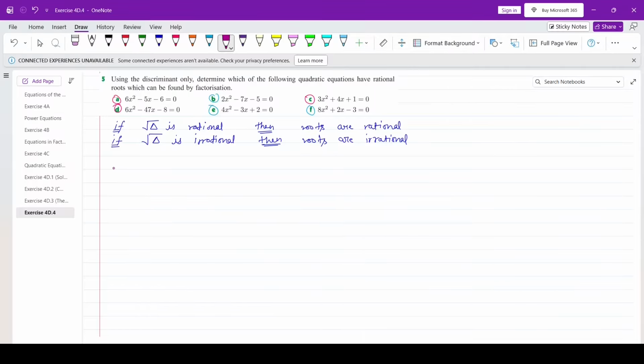So let's solve. b is, the discriminant is equal to b square, that is negative 7 square, minus 4 times 2 times negative 5, that becomes 49 plus 40, and this becomes 89. Now if we take the square root of the discriminant, that is equal to square root of 89, and this we know is irrational.